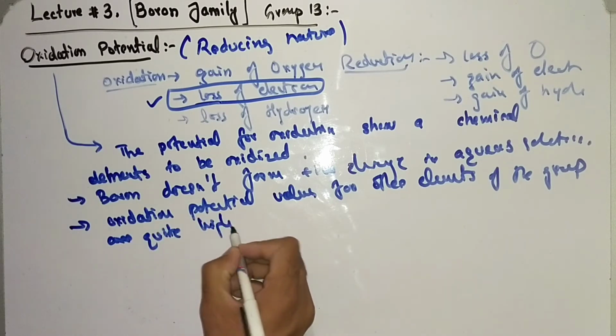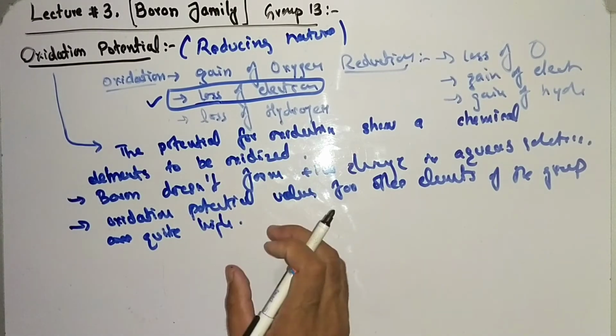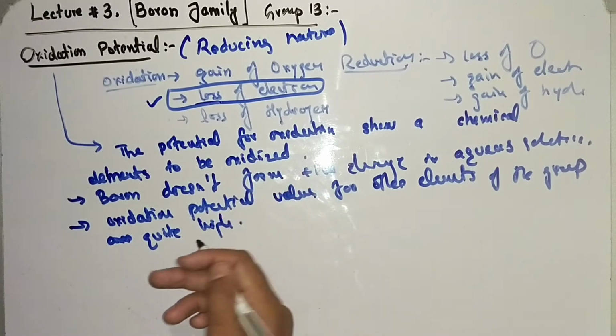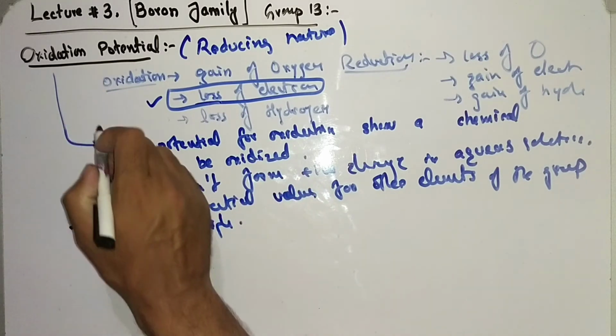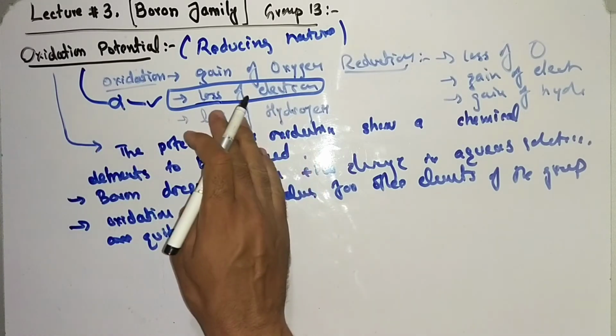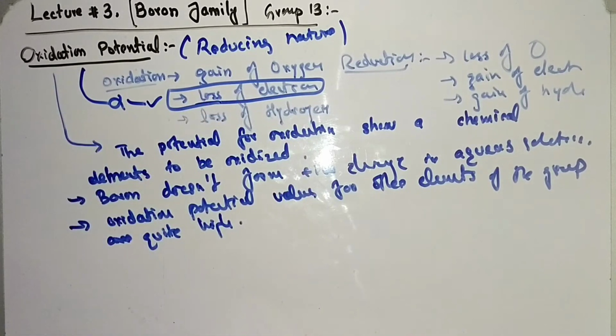Because these are all metals except boron in the boron family, and we know that metals are good at losing electron, and the oxidation potential directly depends upon the loss of electron. So the greater the loss of electron, the higher the oxidation potential. So the oxidation potential of the other elements of the group other than boron will be very high, and this is due to the high heats.